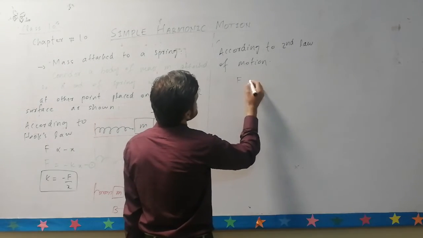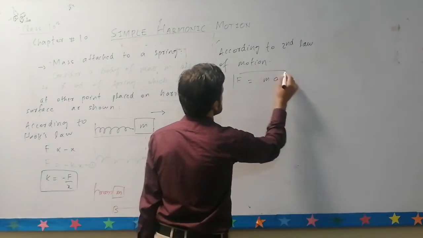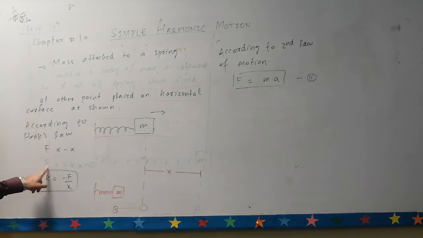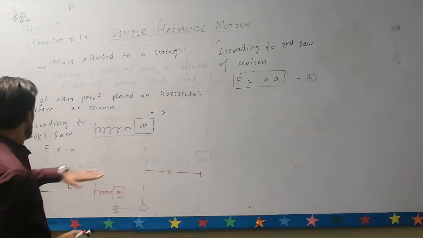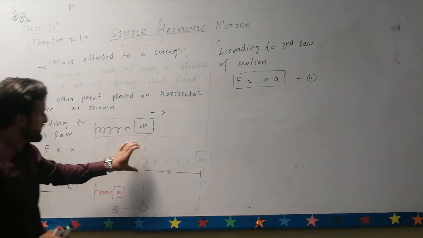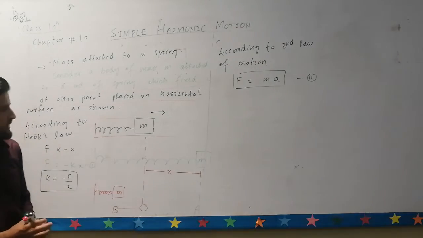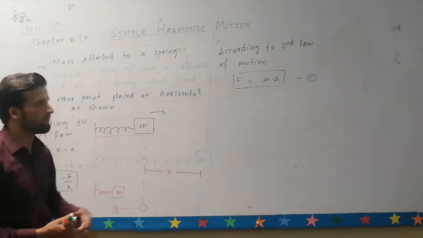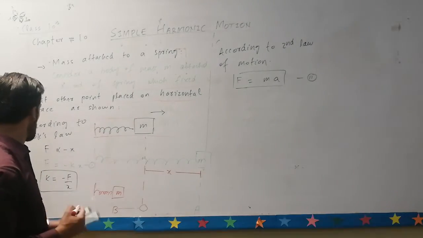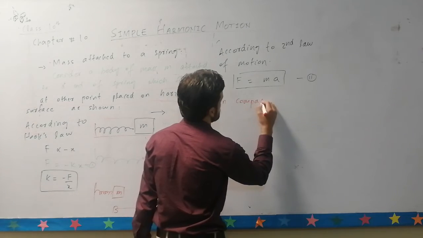So F is equal to ma. This is our equation number 2. This force F is the force of elasticity, which is produced due to the stiffness of the spring when we apply force on the body executing simple harmonic motion. Now we compare equations 1 and 2.